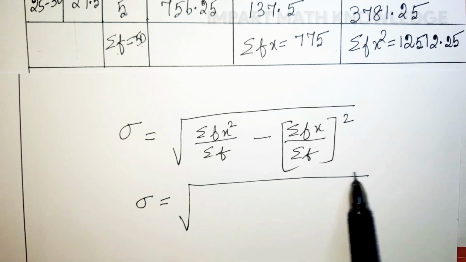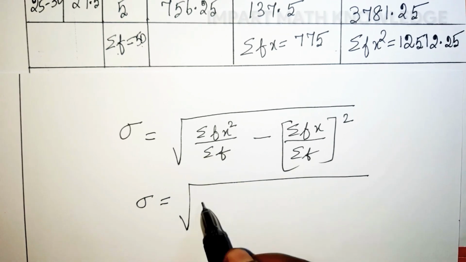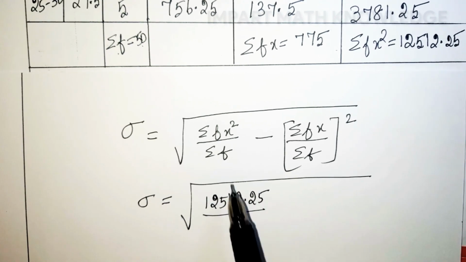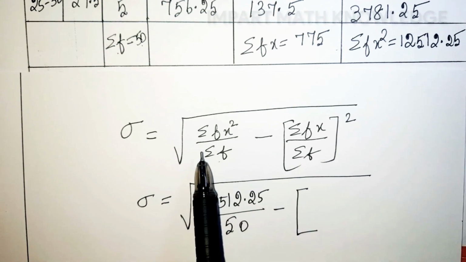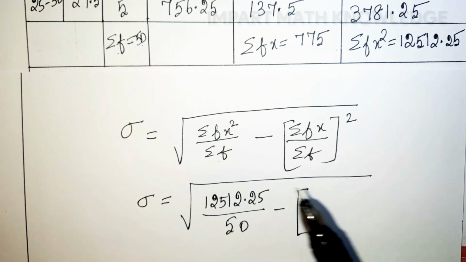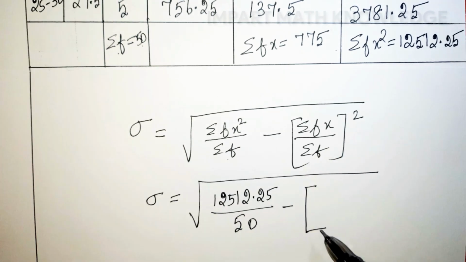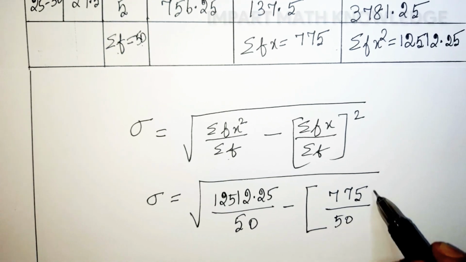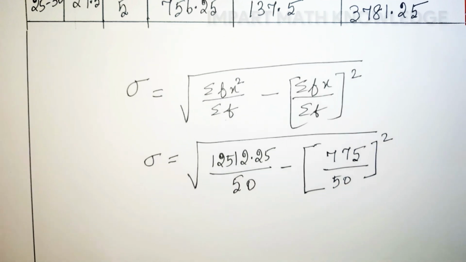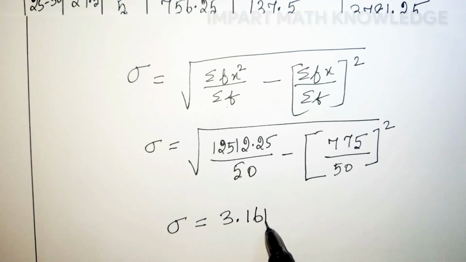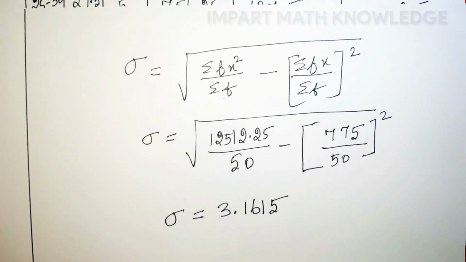Sigma is equal to the square root of summation fx square, 12,512.25, divided by summation f, 50, minus summation fx, 775, divided by summation f, 50, square. If you simplify this, you will get 3.1615.